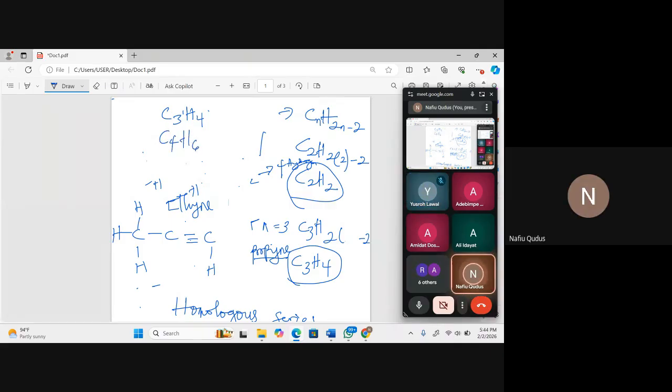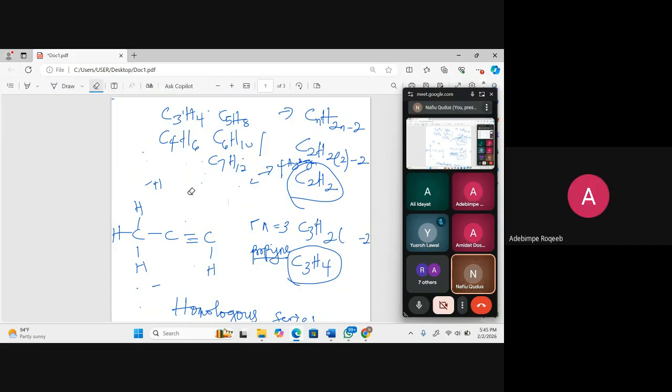The next one will be C5H8. The next one will be C6H10. The next one will be C7H12, and so on and so forth.